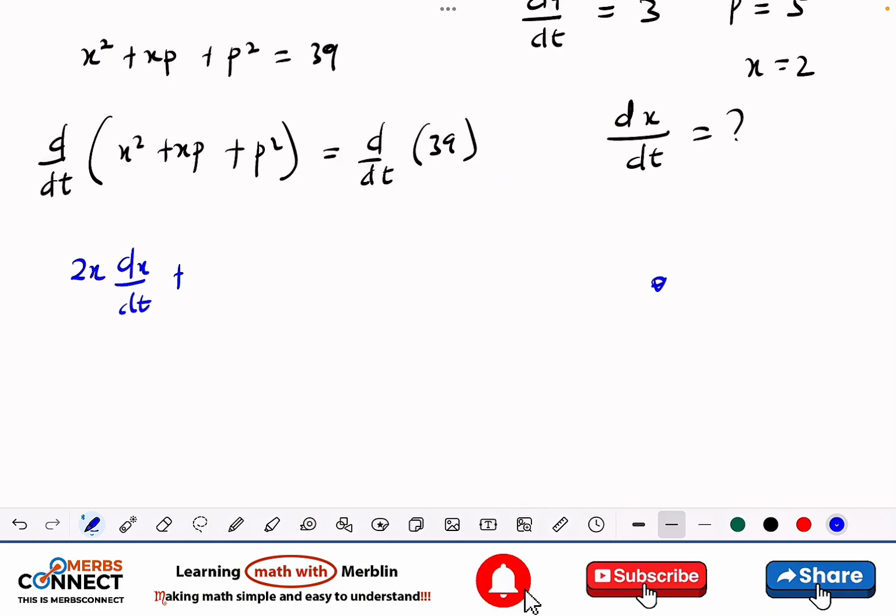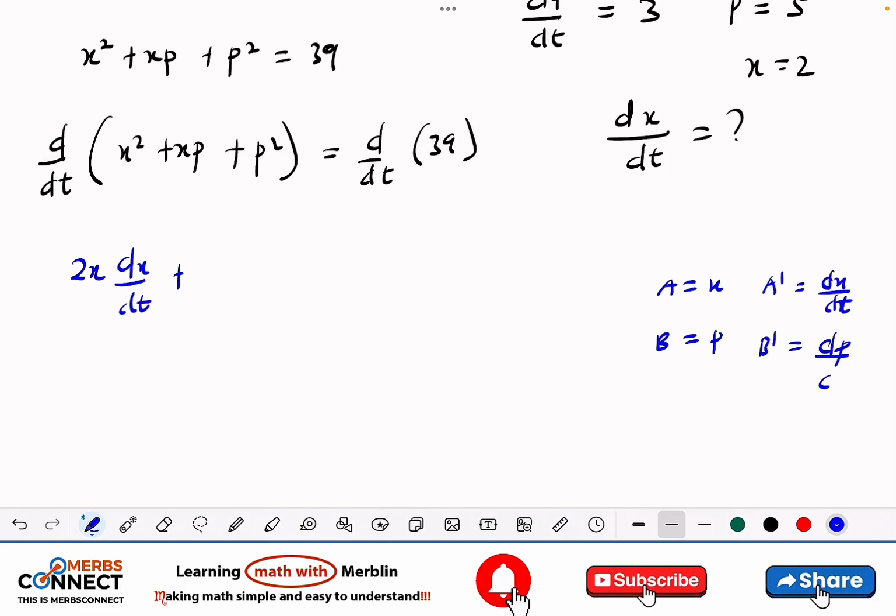If a is equal to x and b is equal to p, what is a prime? When I differentiate x, I get 1, but since we are differentiating with respect to t, I have dx/dt. B prime is also this: differentiating p, I get 1, but with respect to t, this is dp/dt. So this times that, and then this times that.